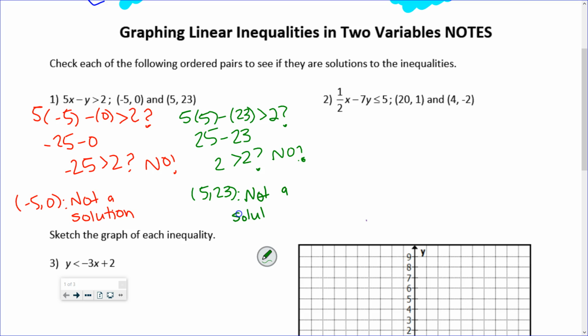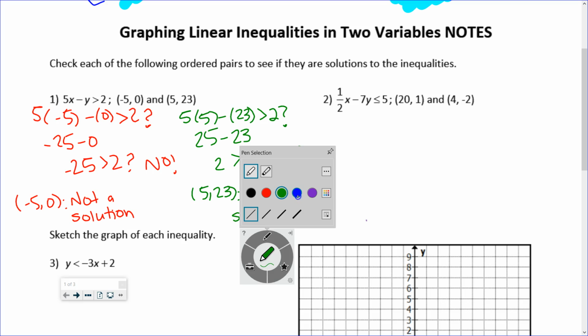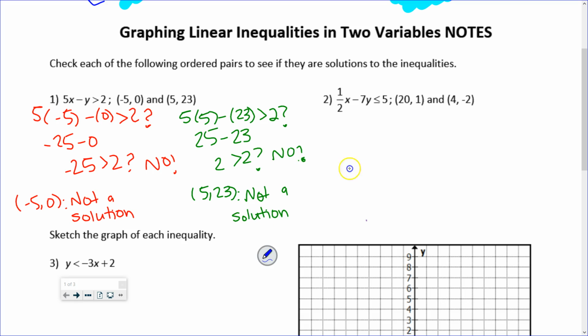All right, I want you to try number 2. Don't be scared about the fraction. The fraction is 1/2. You know what 1/2 of 20 is. You know what 1/2 of 4 is. You'll be okay.